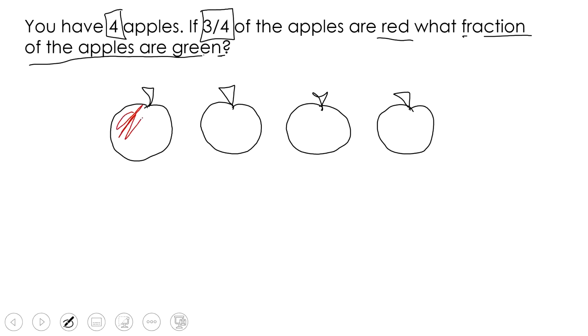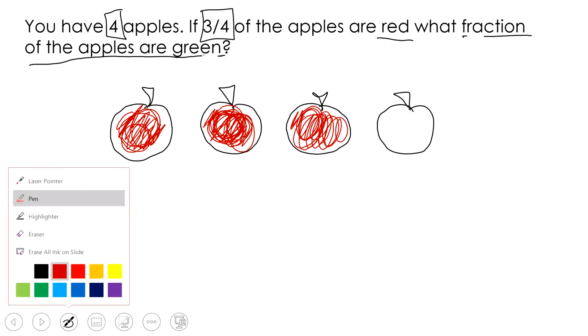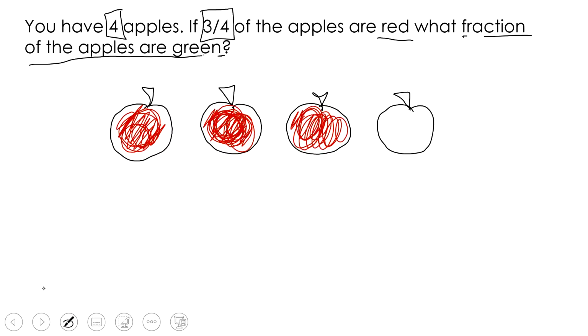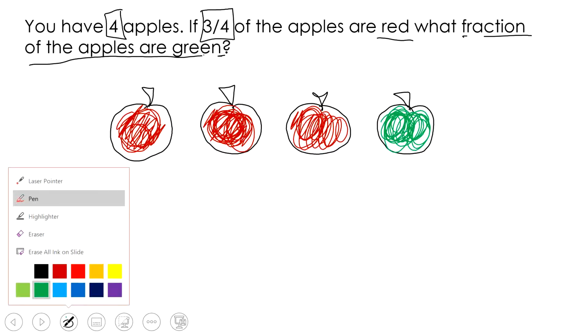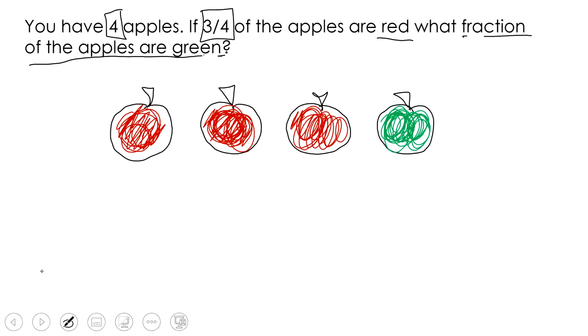I'm going to color in 3 of them red. And I'm going to do this quickly because my pen is not very thick. And so if 3 of them are red, then I know the rest will be green. So I'll color this green. And then I can see, oh, I only have 1 apple that is green.